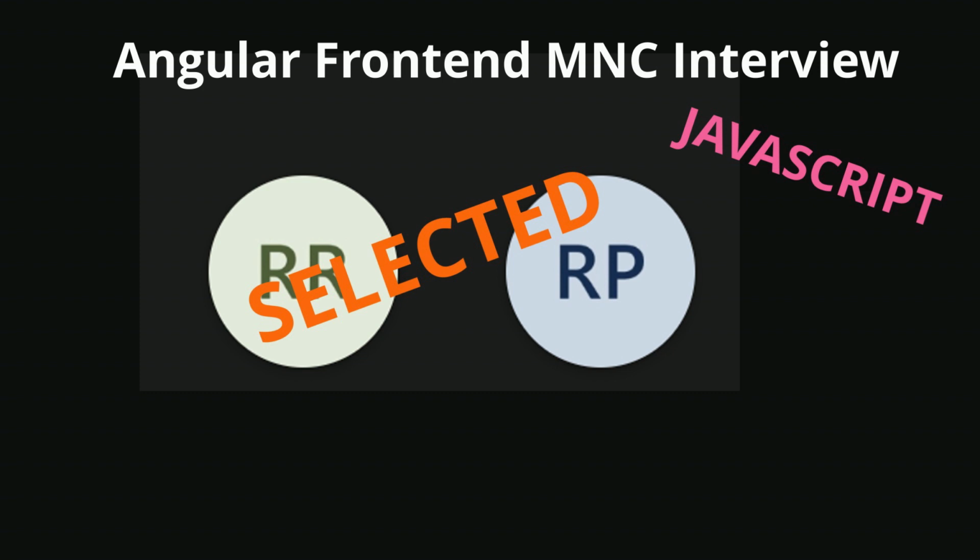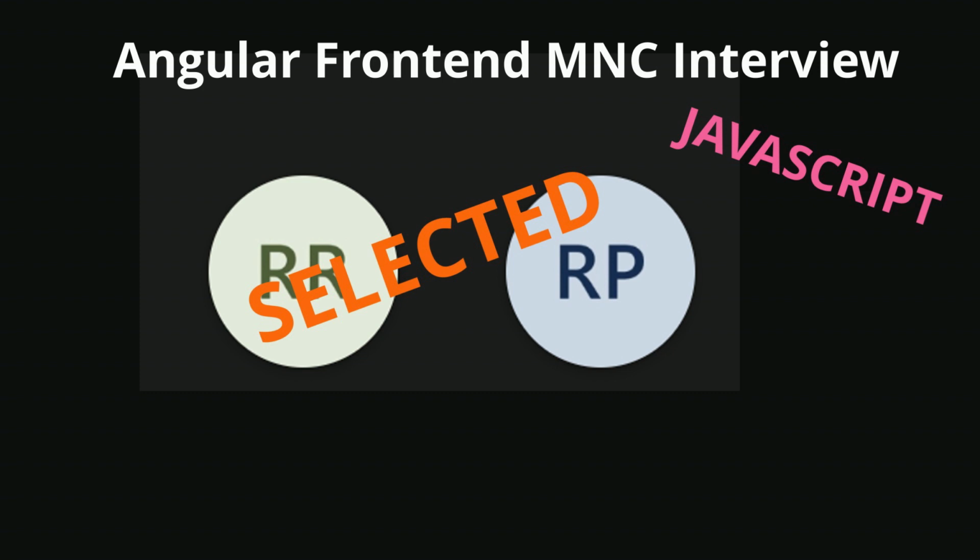We want to send that event to our TS file: if I click that button, do this action. At that time we can use event binding. Basically, it's a type of data binding where we are sending data from the template to our TS file, the component file.